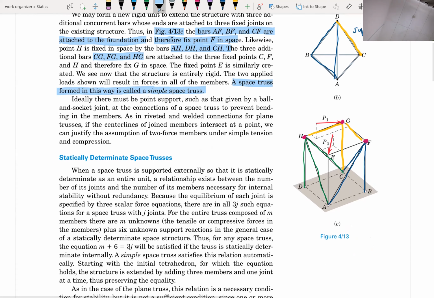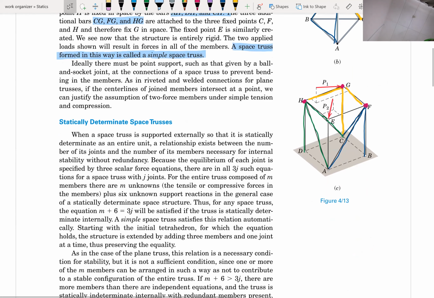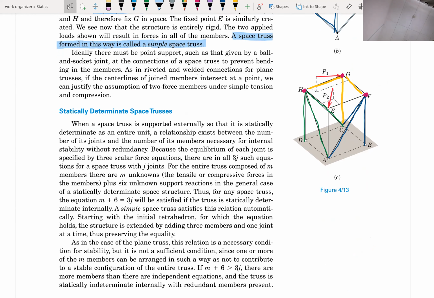Then so now we want to determine either the space truss is stable or not. Or in other terms, statically determinate or not.